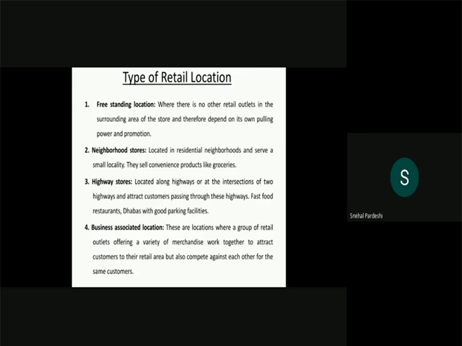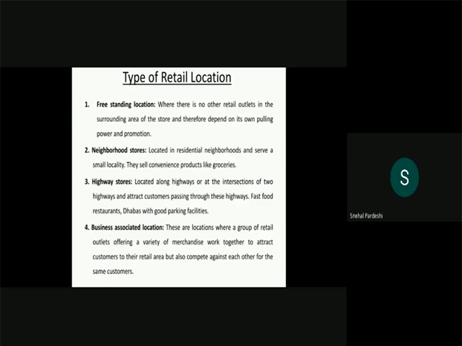We have highway stores, where two to three highways pass or intersect. You find too much traffic, with people travelling from one place to another, and those highways meet at a particular place, like a junction. In such a location, you find certain dhabas with good parking, some fast food restaurants, and some products that are immediately essential.